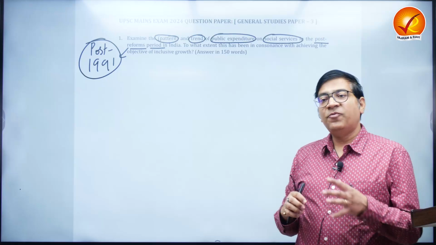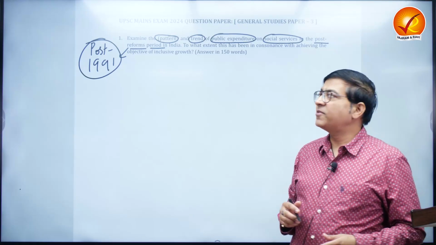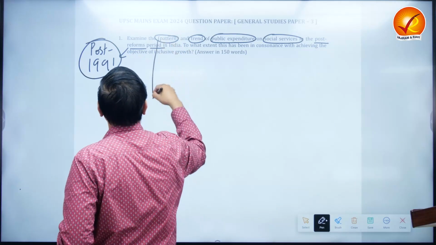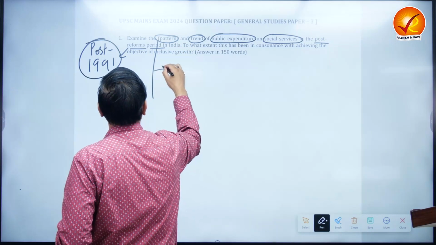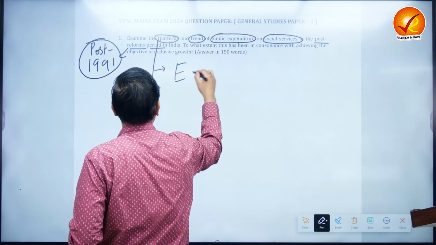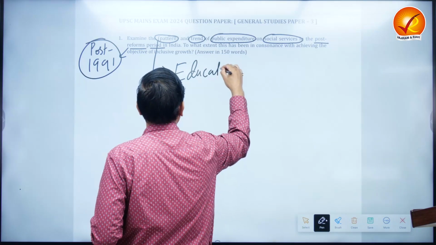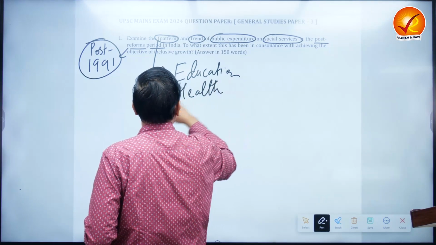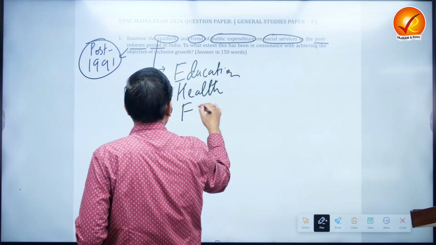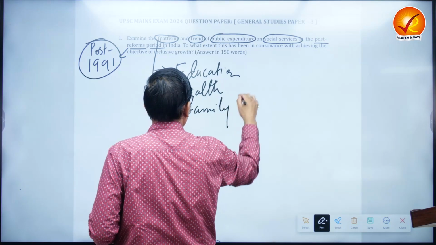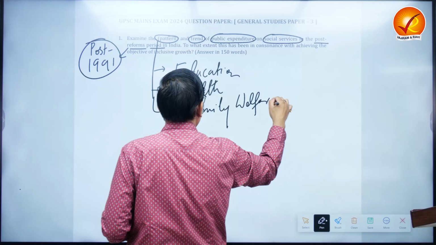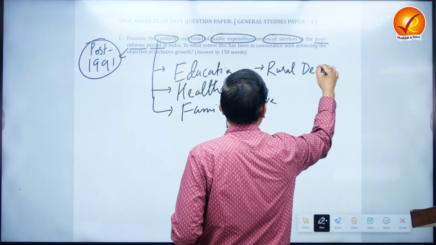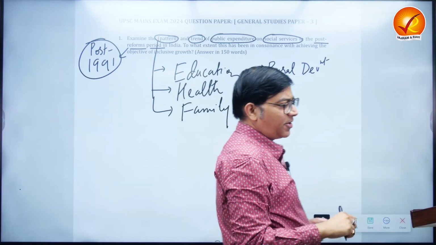Pattern, as in what are the types of social services on which the public expenditure or government expenditure has been made. For example, you can mainly divide it into expenditure on education, expenditure on healthcare, or a number of other things like family welfare, rural development, etc. The list is actually longer.